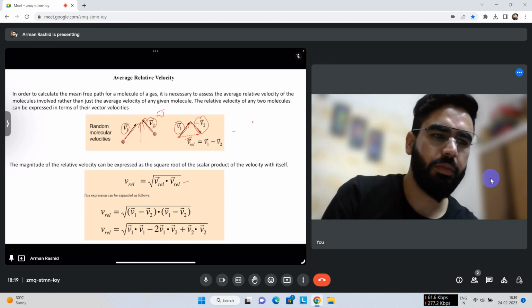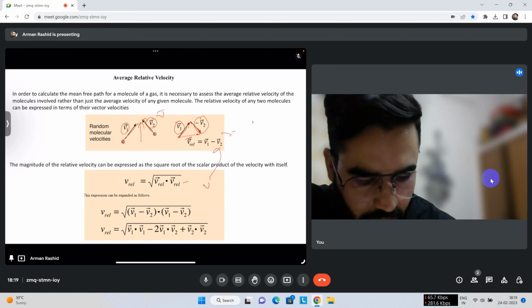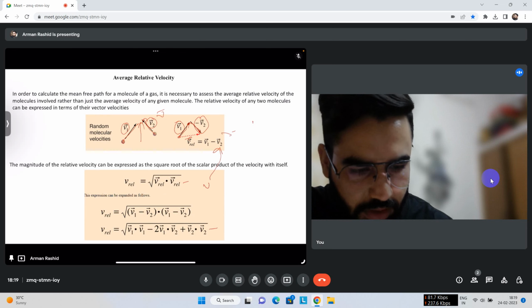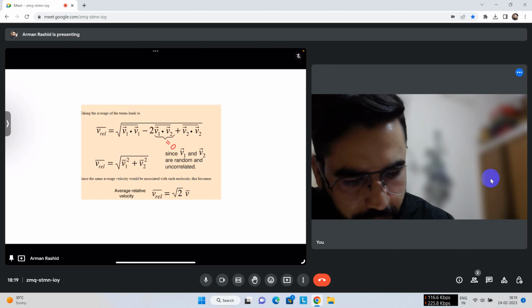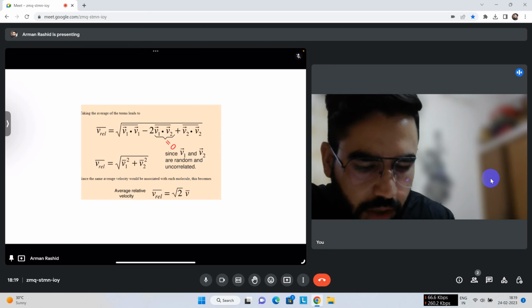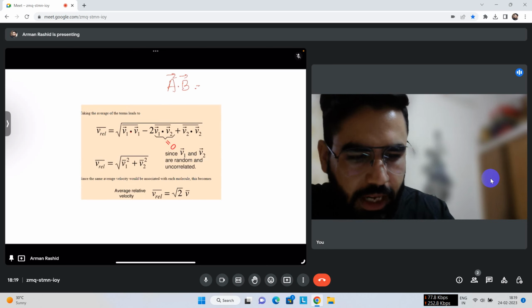Okay, so this expression will take the value of relative velocity from this equation, and using the product we get this derivation. Since this is the dot product, the dot product of any two vectors is a scalar, equivalent to the product of their magnitudes and cos of theta.